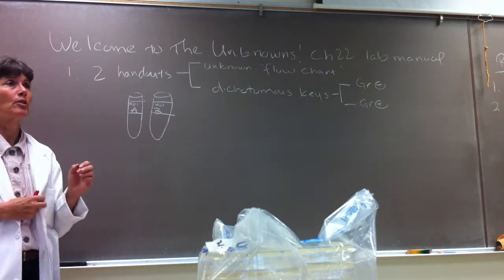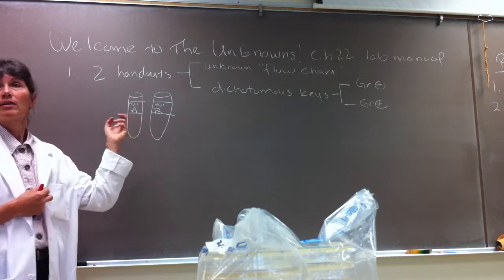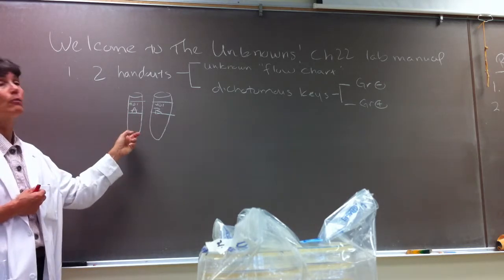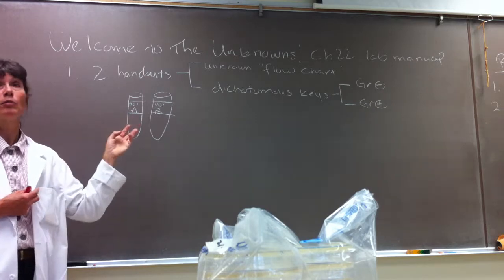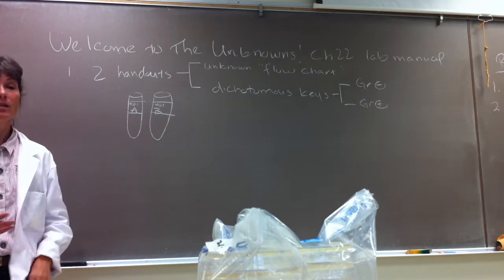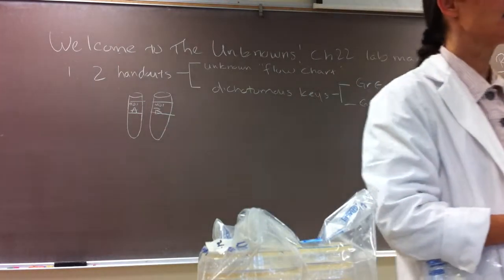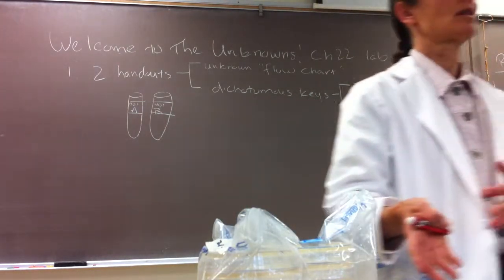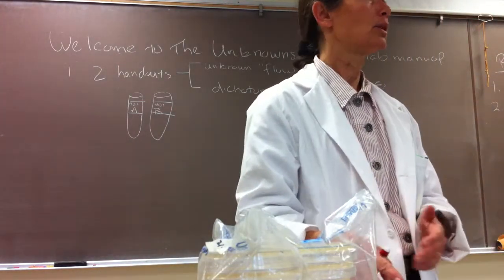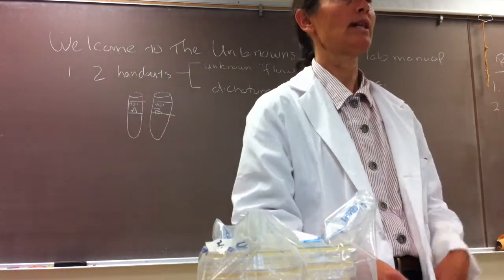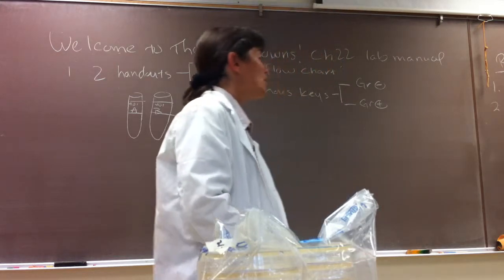Very important for you guys to know that the gram negatives are different number to number. So some folks, their A will be their gram negative. Other folks, the B will be their gram negative. And I tell you that just in case you hear maybe your partner mumbling to themselves, aha, A's gram negative. And you've just discovered that your B is a gram negative. I don't want you to panic thinking you made a mistake or your partner made a mistake. They're all mixed up, right? Okay.